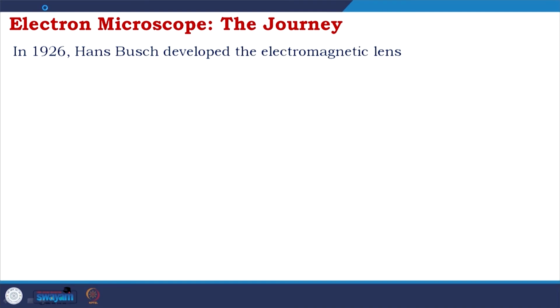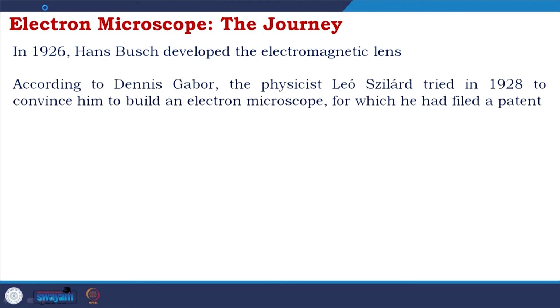What is the journey? In 1926, Hans Busch developed the first electromagnetic lens, and that started the journey. According to Dennis Gabor, the physicist Leo Szilard tried in 1928 to convince him to build an electron microscope, for which he had filed a patent.